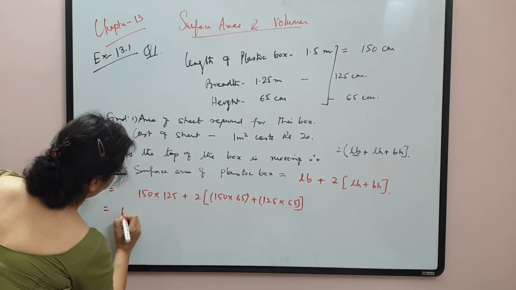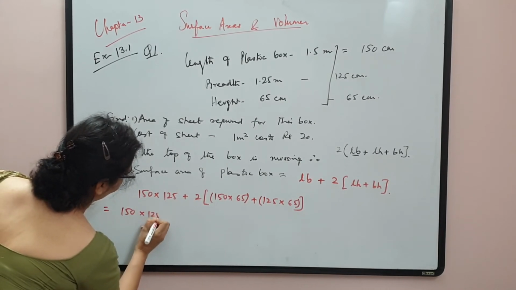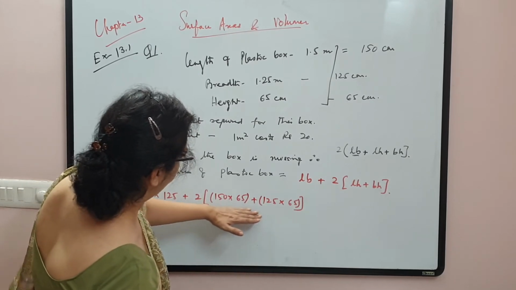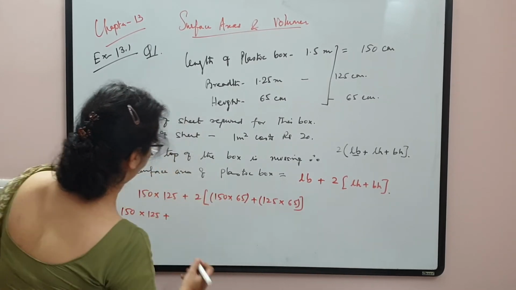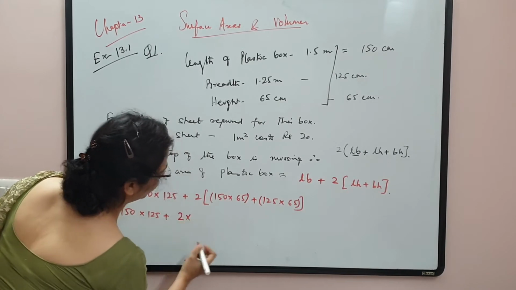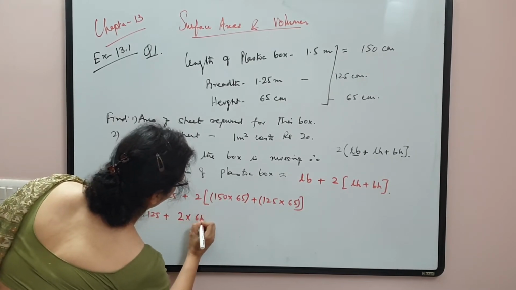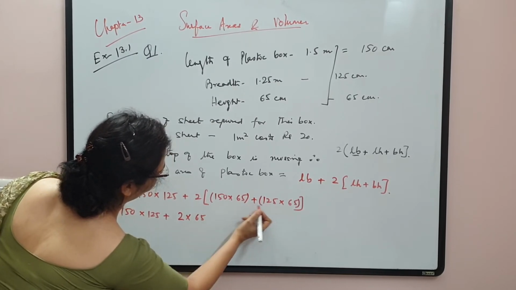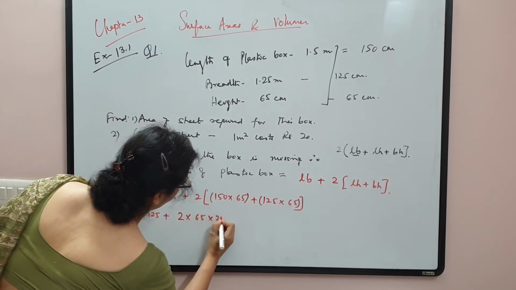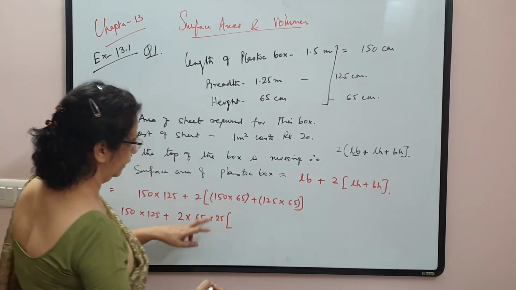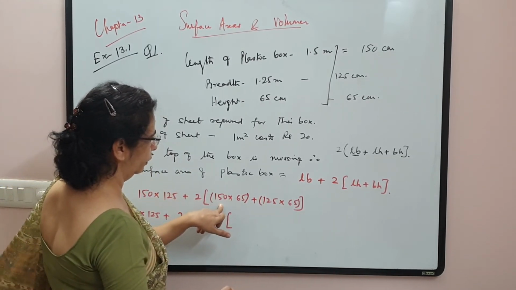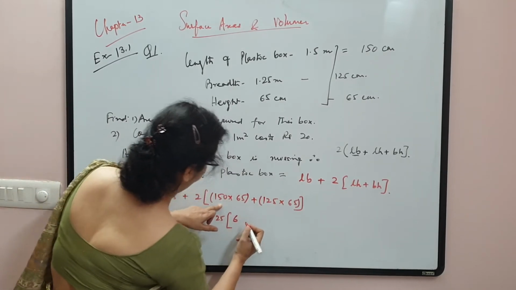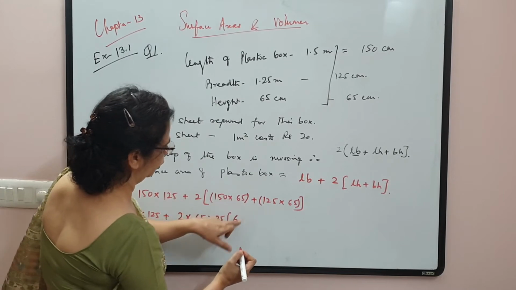This is 150 into 125 plus, children, in this 65 is common. You can take it outside. 2 into 65 can be taken out. Here also 150 and 125, so out of this 25 also can be taken out. Now let us see what we get. 150 divided by 25 is what, children? It is 6, right? 65 is already out, so 6 into 1, that is 6.